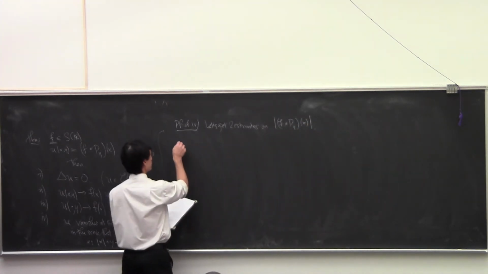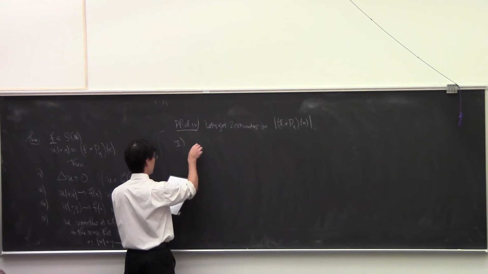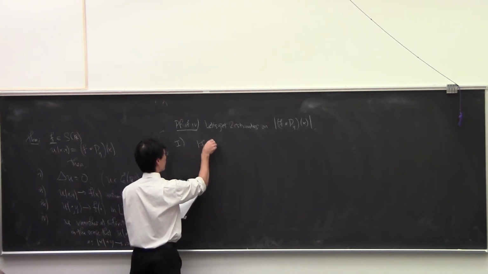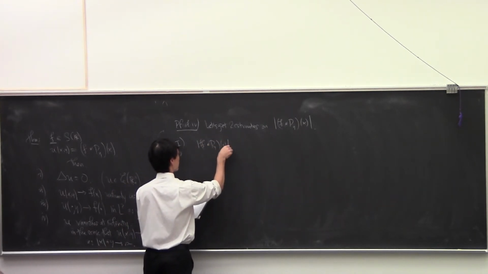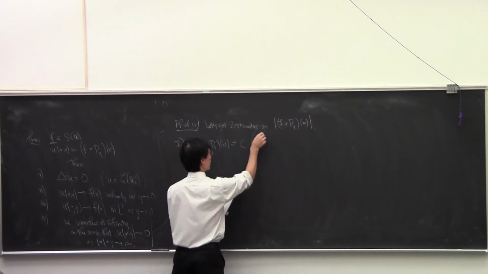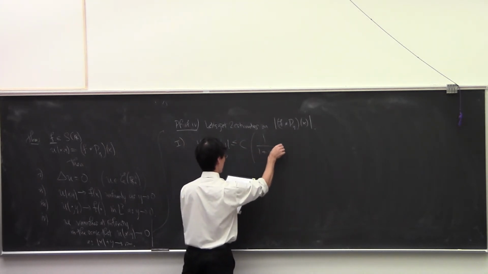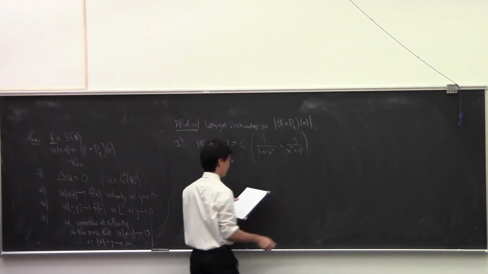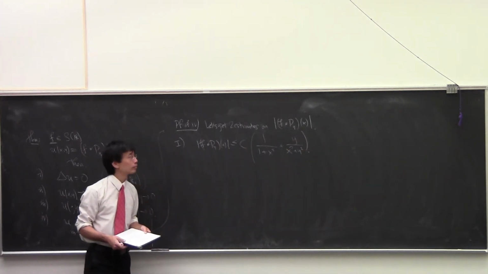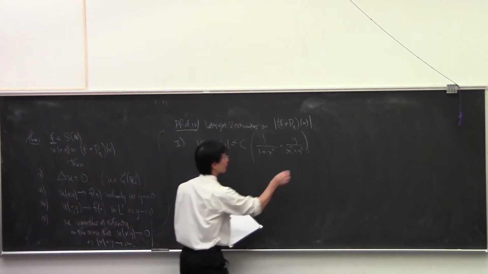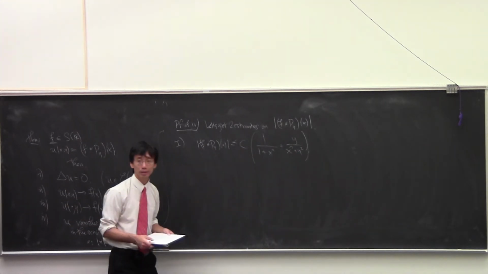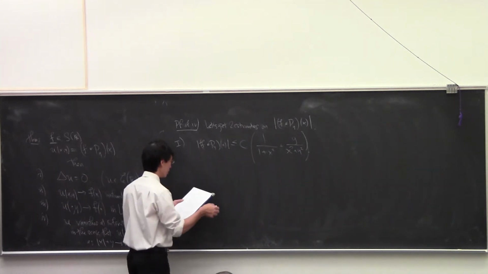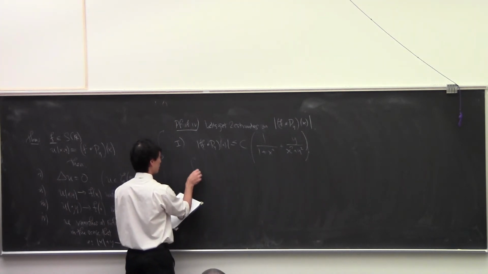Okay, so the first one is that we can bound this by some constant times 1 over 1 plus x squared, plus y over x squared plus y squared. And we're going to play the trick that we played last time.